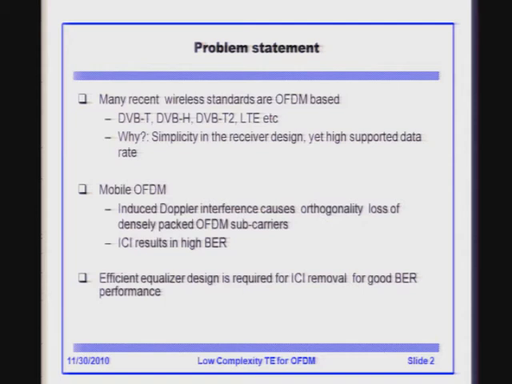The main beauty of OFDM is that you do not need a very complex equalizer, whereas by virtue of the fact that you have ICI, you are forced to have an equalizer. Our idea here is to come out with an optimal equalizer solution, in terms of area and cost.